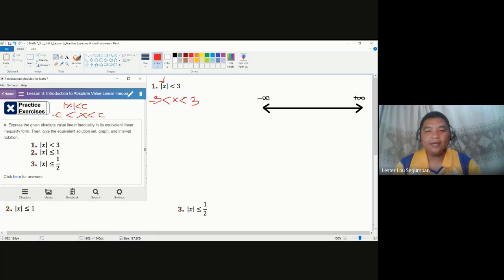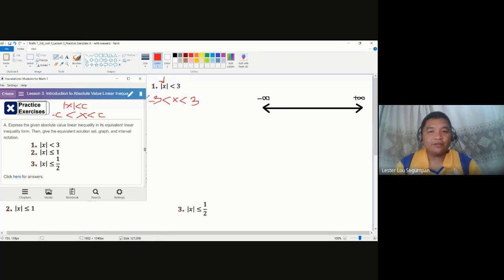We could also pick here positive 2. Absolute value of positive 2 is positive 2, and it's still less than 3. For negative 2, which is still part of this range here, absolute value of negative 2 is positive 2, which is still less than 3. But if you're going to pick values outside of this range, let's say 4, absolute value of 4 is positive 4, which is not less than 3.